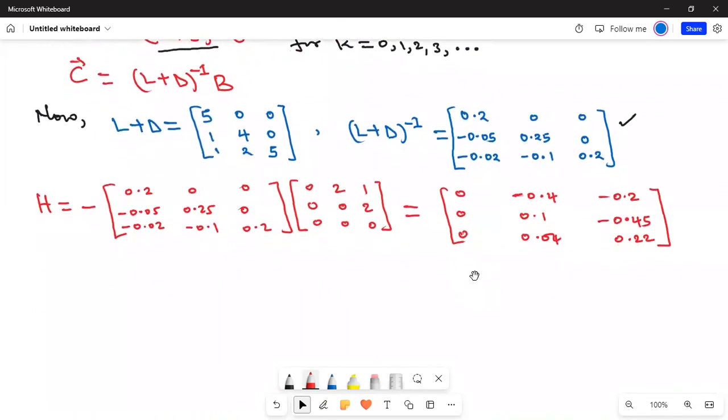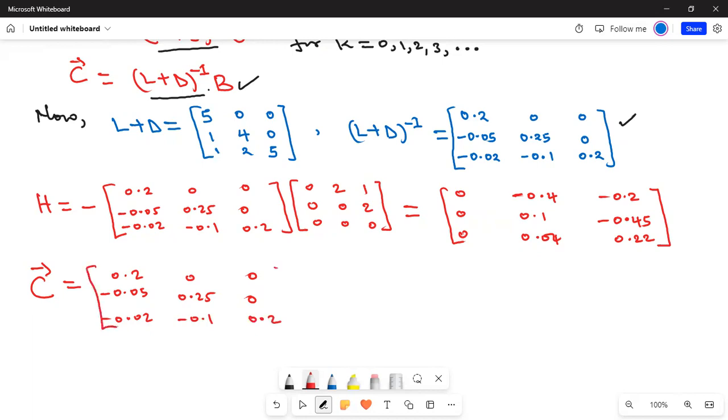Let us find C. Our C is equal to, look at the definition, the inverse of L plus D, then times B. So I'll write the same inverse, 0.200, negative 0.05, 0.250, negative 0.02, negative 0.1, 0.2, times our B, which is equal to 12, 15, 20.